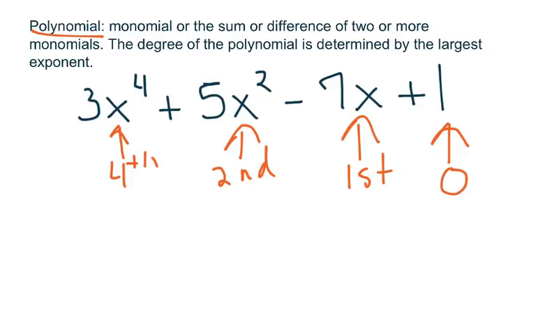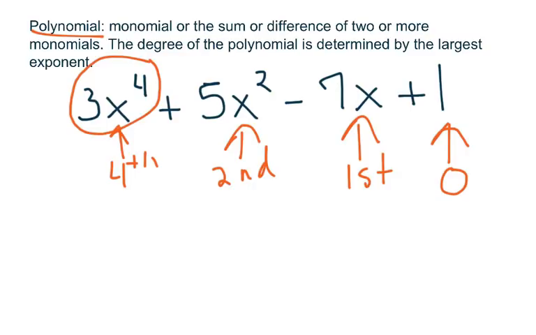Together, these terms, and each one of these is an individual term. So 3x to the fourth is a term, 5x to the second power is a term, and negative 7x is a term, and then 1 is also a term. And again, that's just another way of saying a variable, a number. Any type of mathematical expression is referred to also as a term.